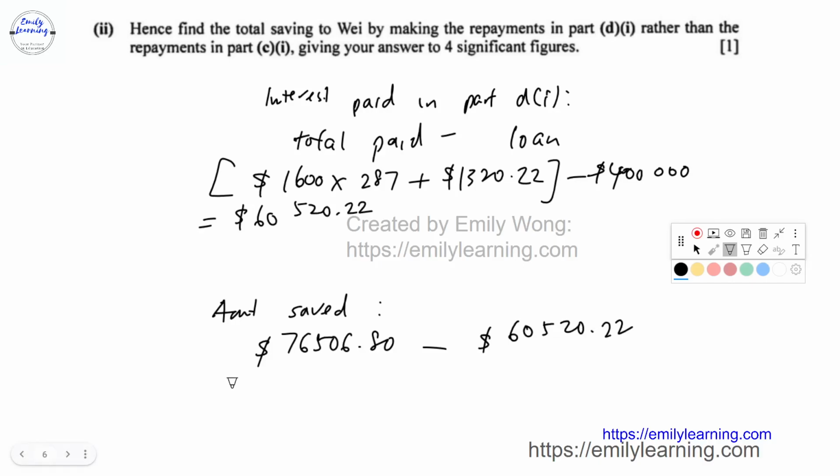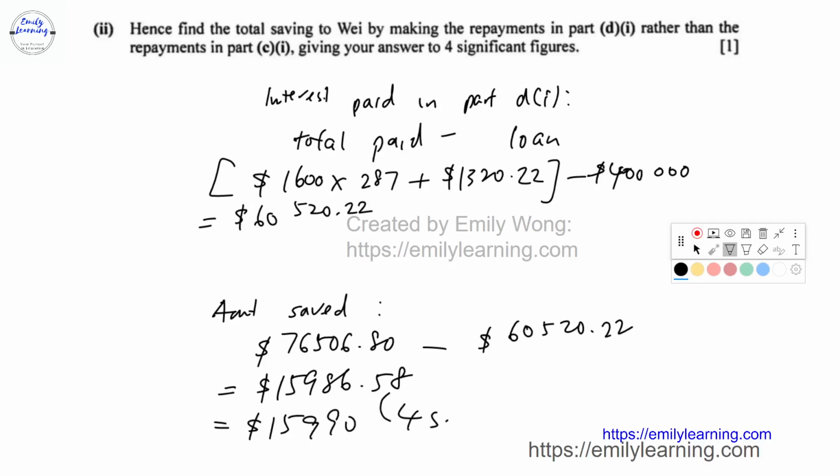Okay, so it will give me $15,986.58. So 4 significant figures will give me 15990, because here it asks us to leave the answers to 4 significant figures.